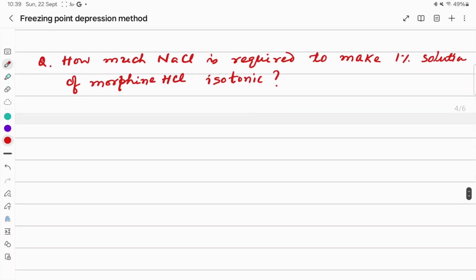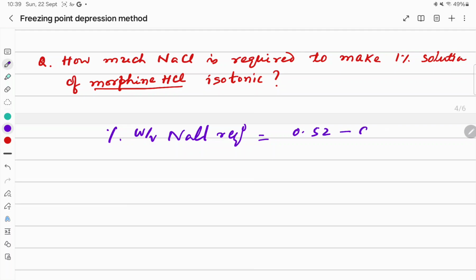How much sodium chloride is required to make a 1% solution of morphine hydrochloride isotonic? So we want to now add the sodium chloride to the given solution of morphine hydrochloride. So here we will use the formula. Percentage weight by volume sodium chloride required is equal to 0.52 minus A by B. So here what is A?